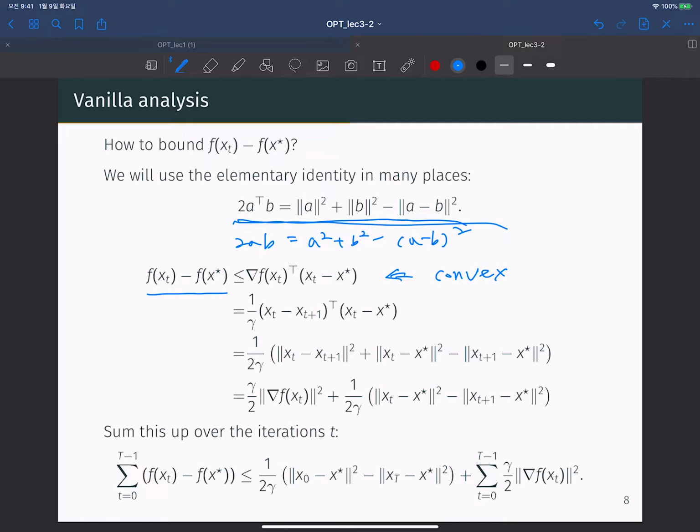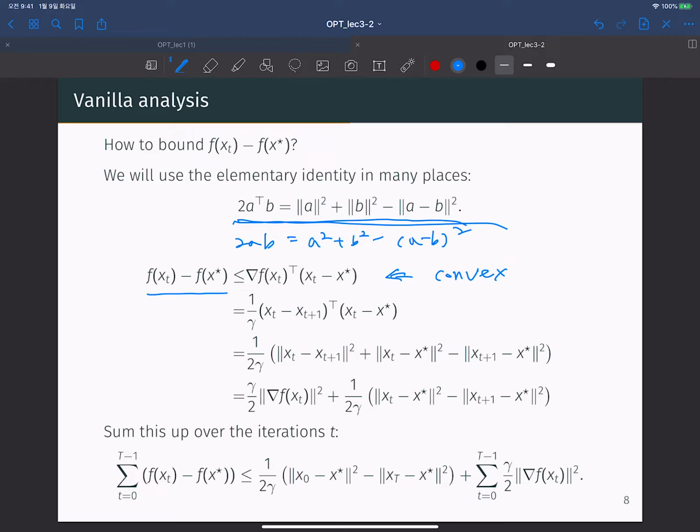When function f is convex, we have the gradient of f(x_t) transpose (x_t minus x*) upper bounding f(x_t) minus f(x*). Okay, so that comes from the convex property.